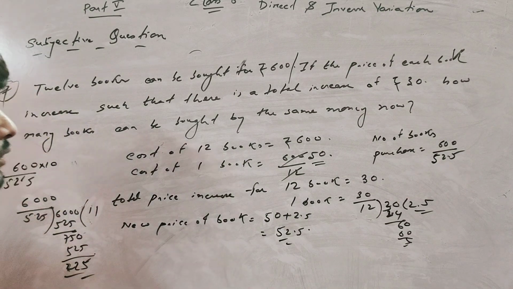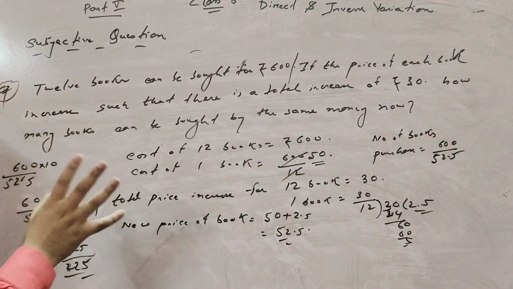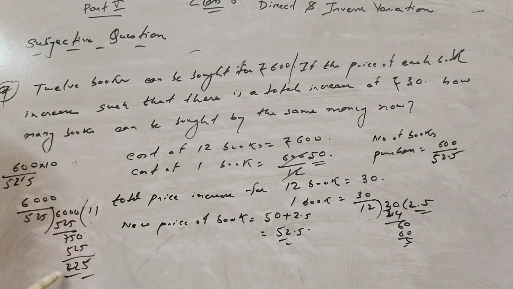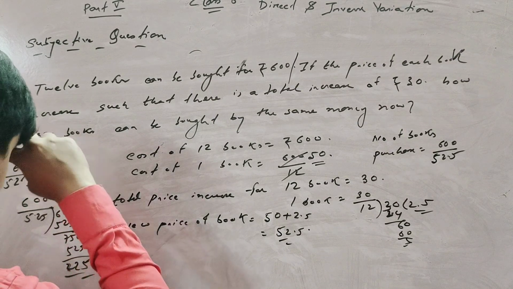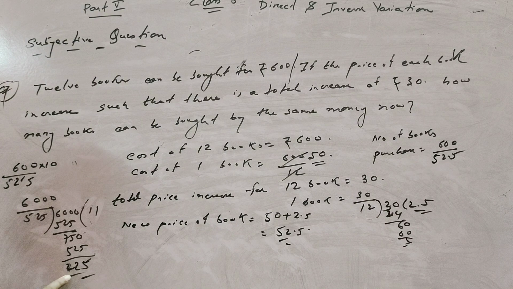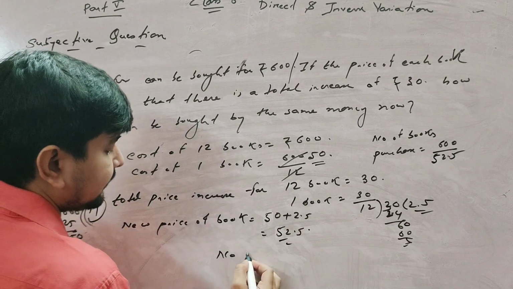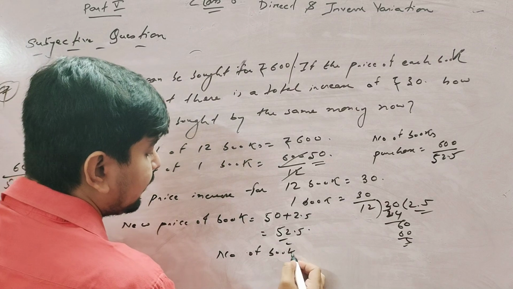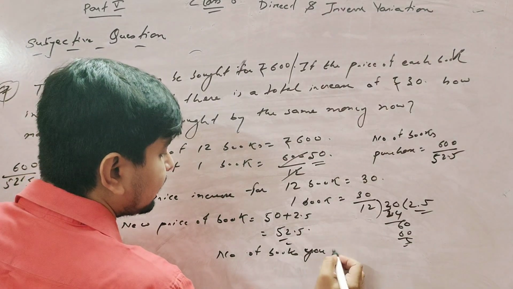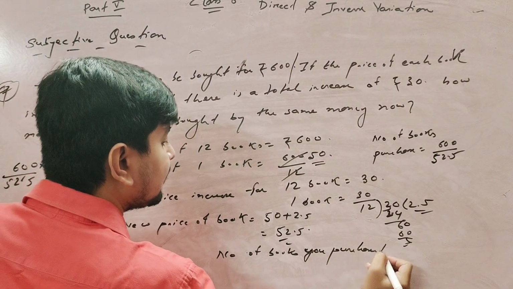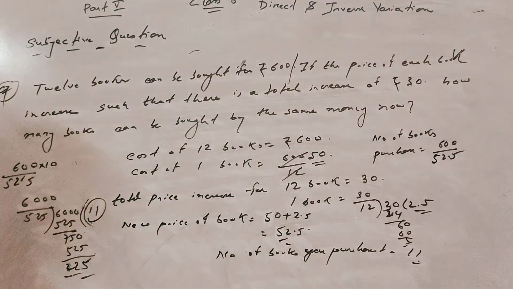Okay, so now you purchase only 11 books for the same money and you have some money left. So number of books you purchased equals to 11. Clear? Note.